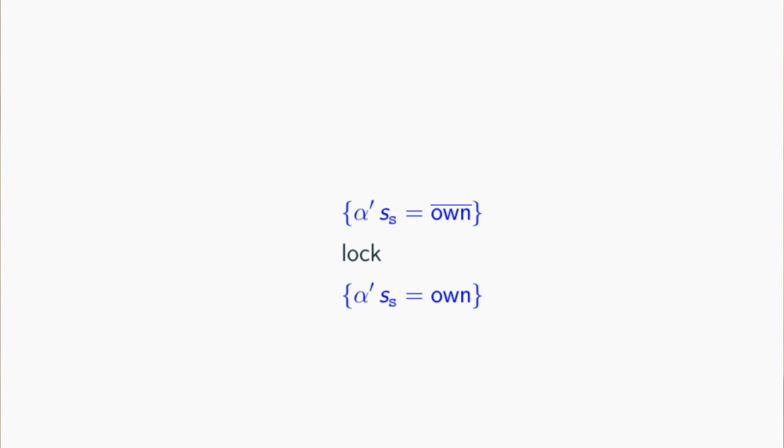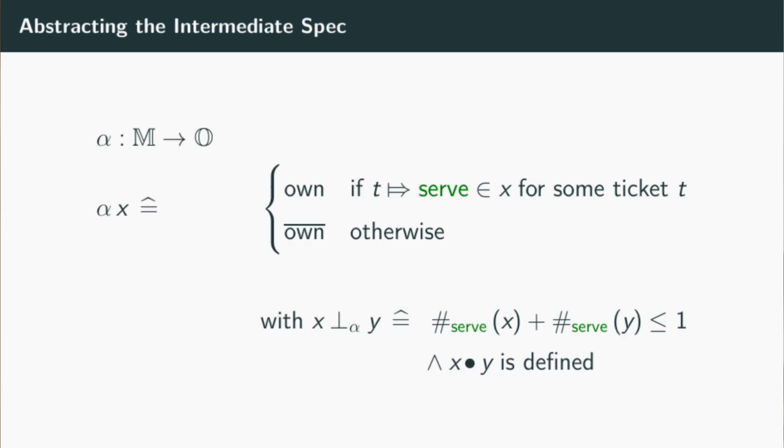First, we define a morphism alpha. In the definition of alpha, one should think of X as the self-component of a thread. Then we define alpha such that the thread owns the lock if and only if it holds a ticket labeled serve in the self ticket map. The issue with the definition is that alpha does not preserve structure on the whole domain.